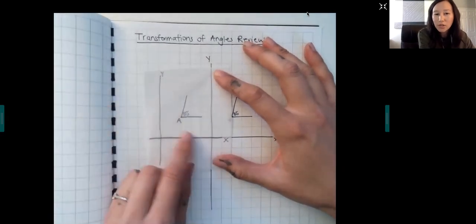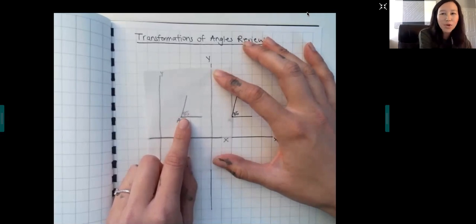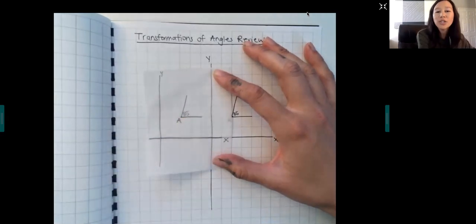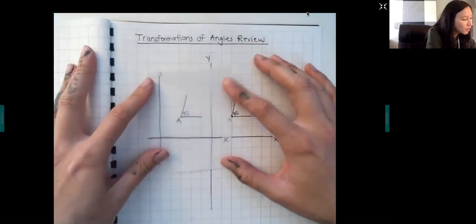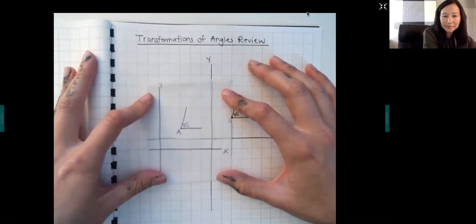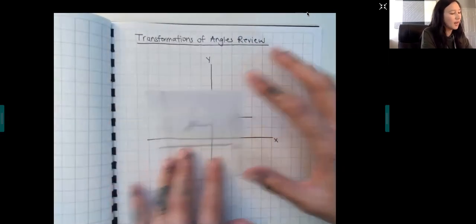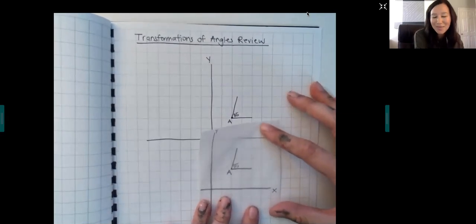But look what happens when I translate it 4 units. It's still an 85-degree angle. It doesn't move, it doesn't shrink, it doesn't get larger, it stays exactly the same. If I translate it left 4 and down 1, it's still the same. If I translate it just down 5 units, still the same angle.